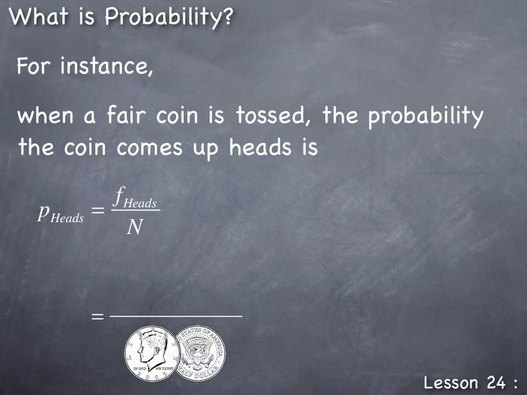It can either come up heads or tails. And of these two possible outcomes, the way in which it comes up heads is just one way. So the probability that a fair coin, when tossed, comes up heads is one chance out of two. And this probability approach works because a fair coin, when tossed, has equally likely outcomes, heads or tails.